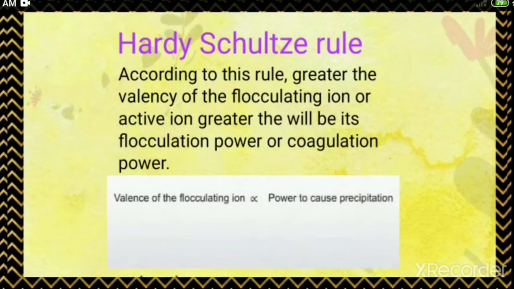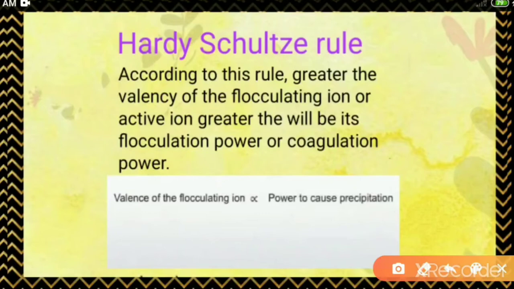A rule is given which is called the Hardy-Schulze rule. According to this rule, the greater the valency of a flocculating ion or active ion, the greater will be its coagulation or flocculation power.